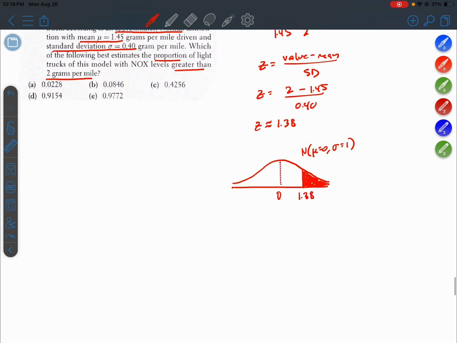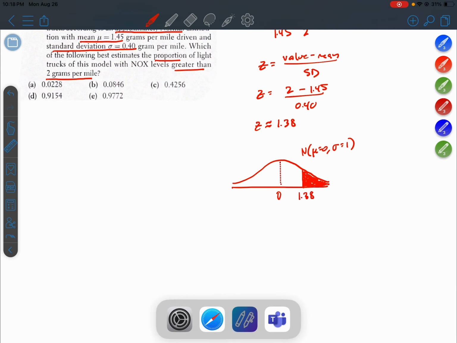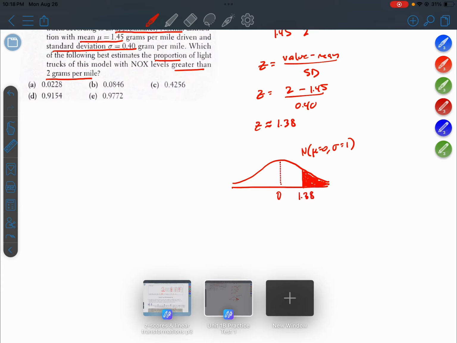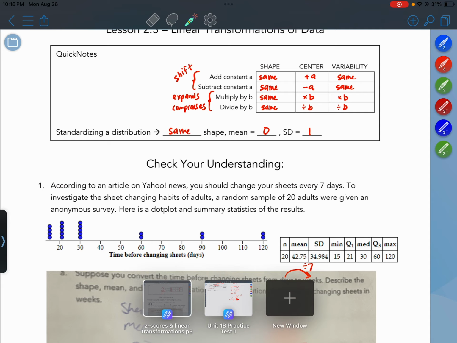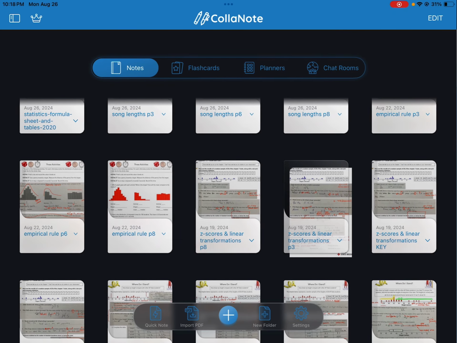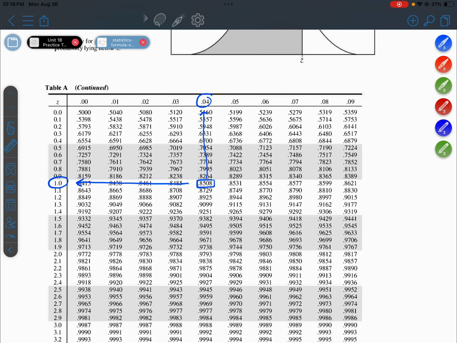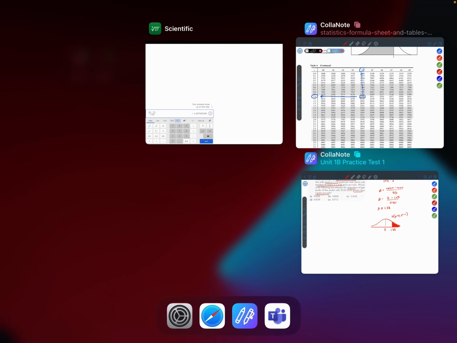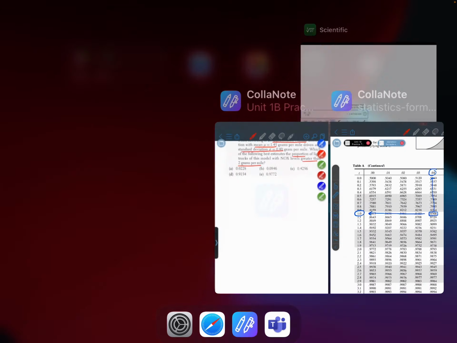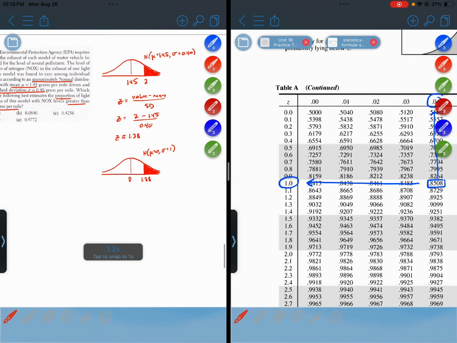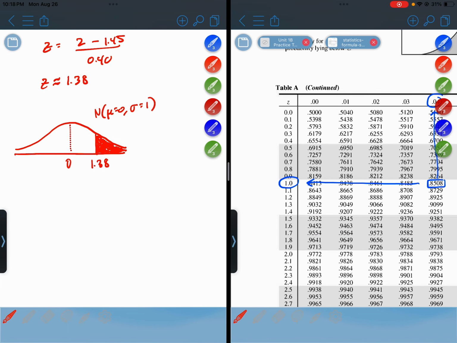So now what we've got to do is find table A. Here it is. We're looking for positive 1.38. Let's erase those previous marks.